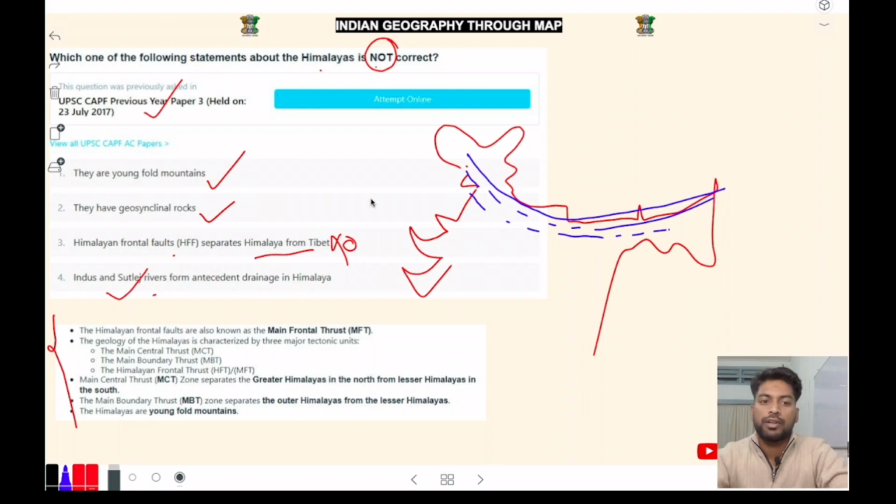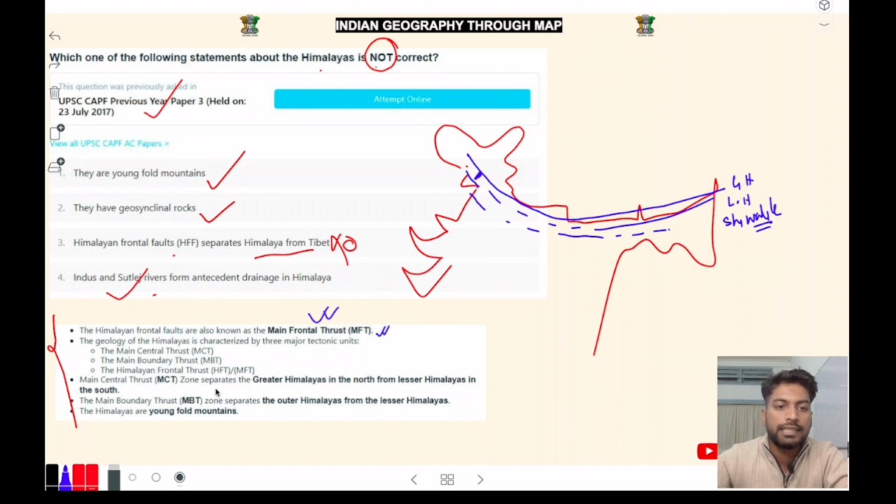So those faults which are dividing Greater Himalaya and Lesser Himalaya are called the main central thrust, also known as Himalayan frontal faults. So Himalayan frontal faults separate Greater Himalaya and Lesser Himalaya. Got it? Not Himalaya and Tibet.